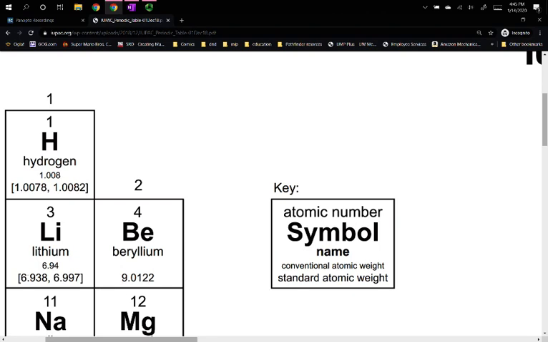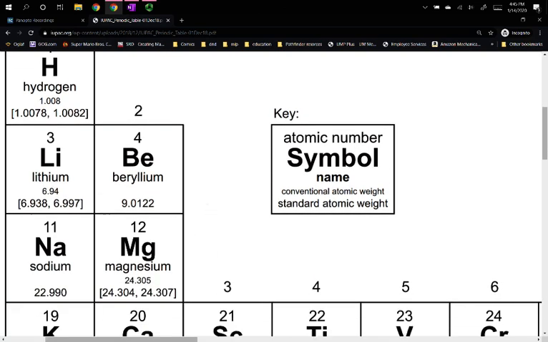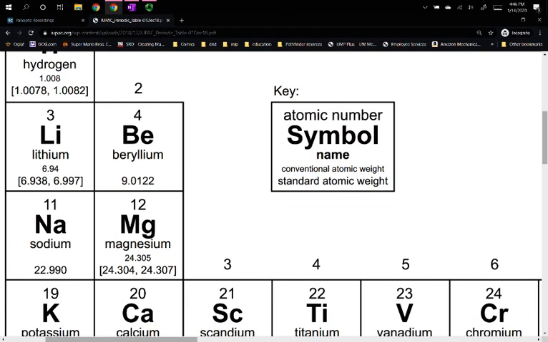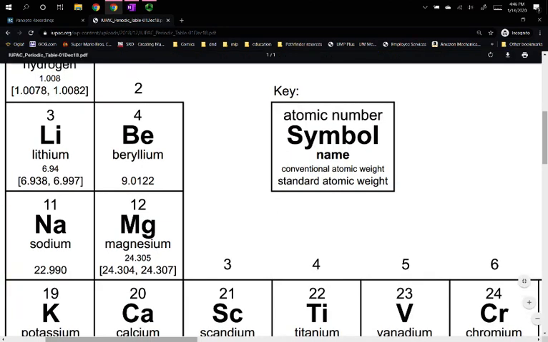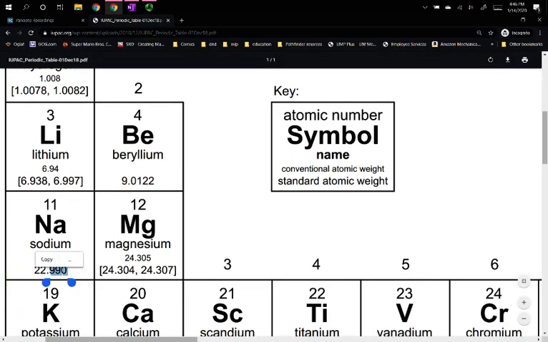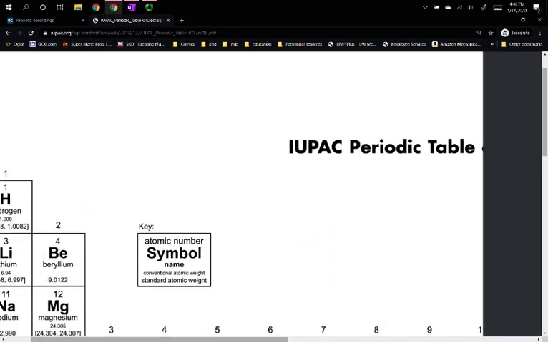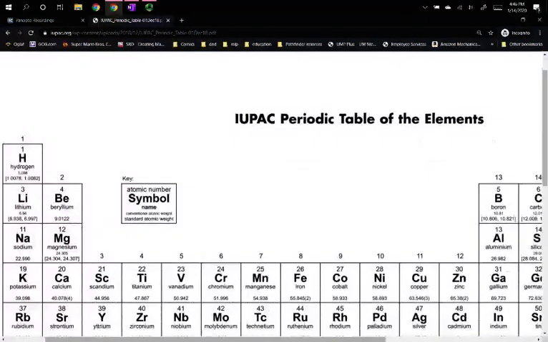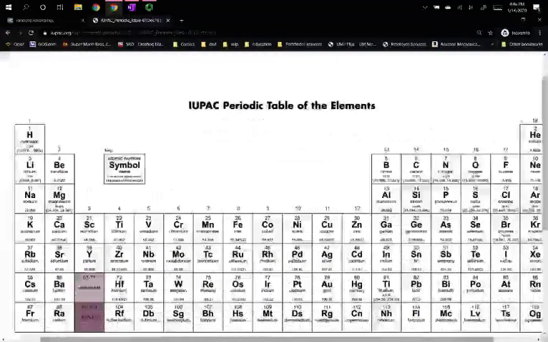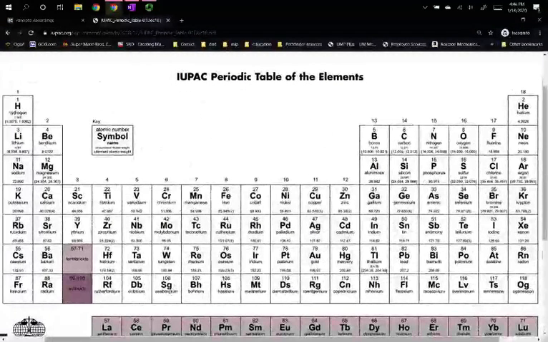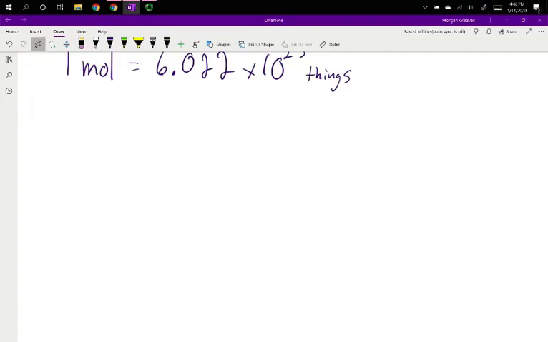Lithium says 6.938, beryllium says 9.012, sodium is 22.990. They all have some number underneath them. What that number is, is the mass in grams for 1 mole of that element.